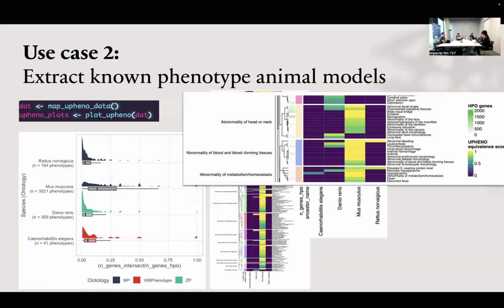Now, obviously, as I mentioned before, this is going to be limited by the information that's available. Some of these mappings are not as complete as others. Part of the reason you see mouse being much better than rat is, they're equally related to us, 90 million years of evolution, but the mouse has just been studied a lot more.